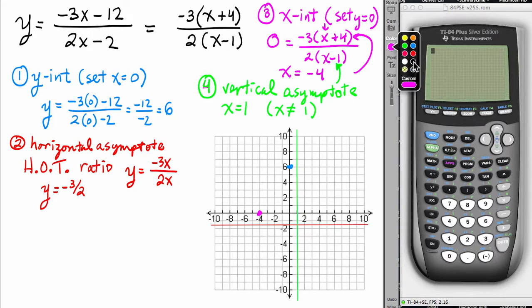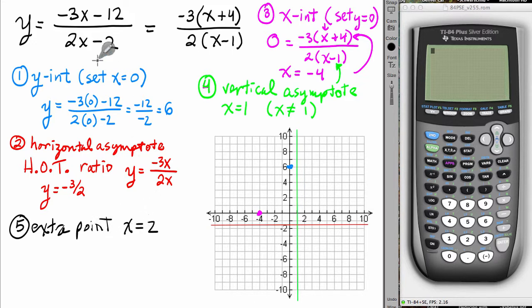Let's go for another. I'm going to call this feature, the fifth one, extra points. And the extra point that I'm going to come up with in this problem is just to the right of this vertical green line. I'm going to create an extra point for this function by using x equals 2 in the original equation.